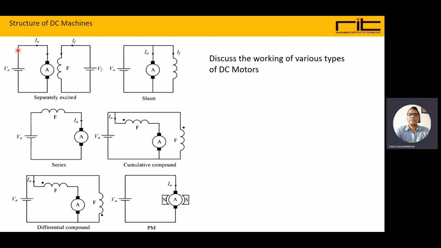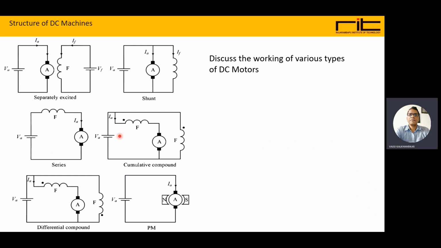Similarly, for the armature, that is the rotating part of the motor, supply is given separately via a DC source. So that is the separately excited. We can control independently the field current as well as the armature current.